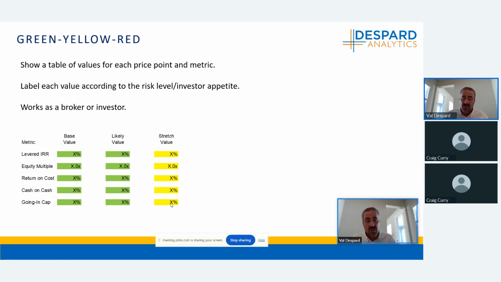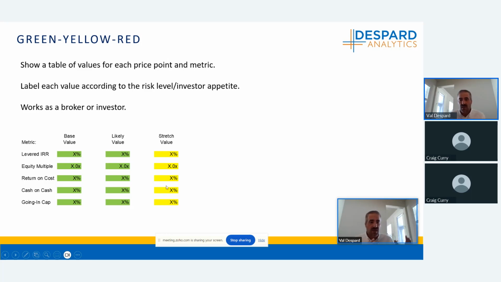So it's a really good page if you're a broker to show your client investor, like with a BOV. We looked at all of these return metrics, and they work at these prices.